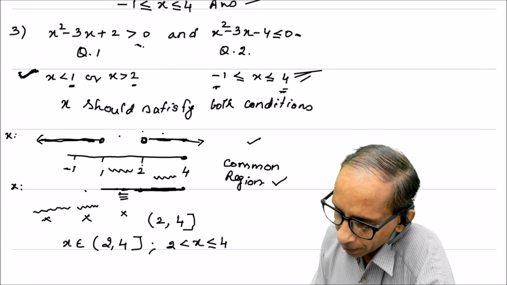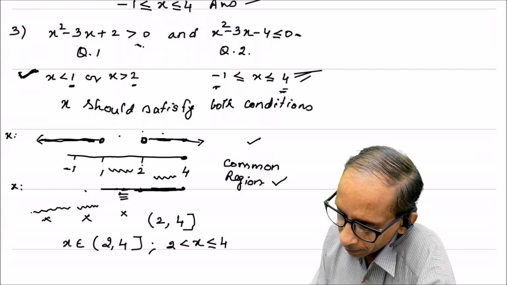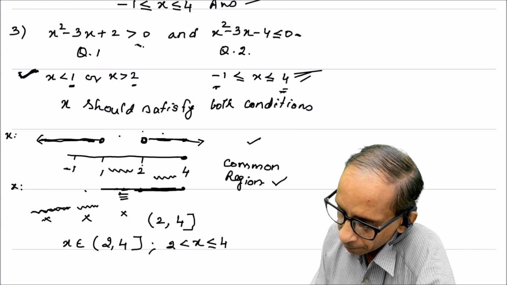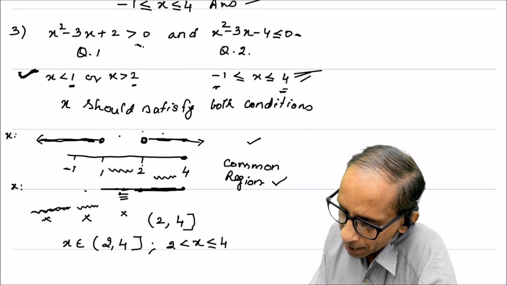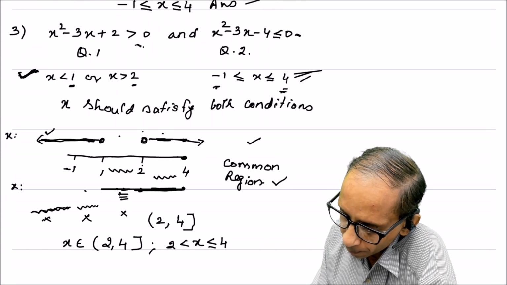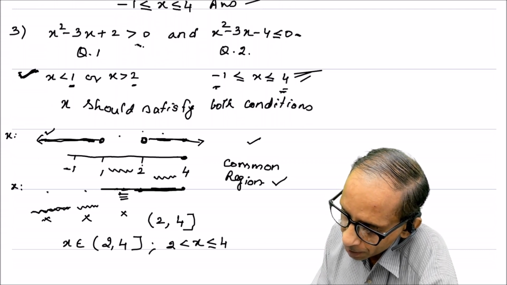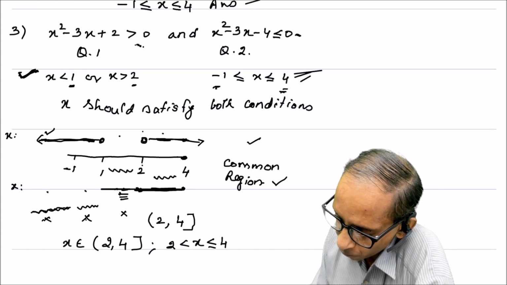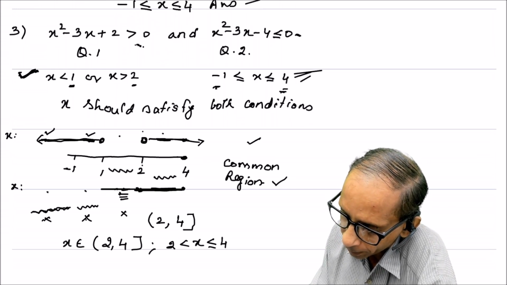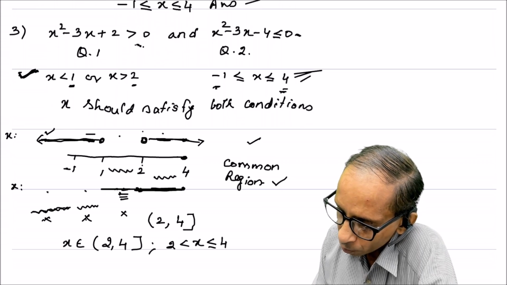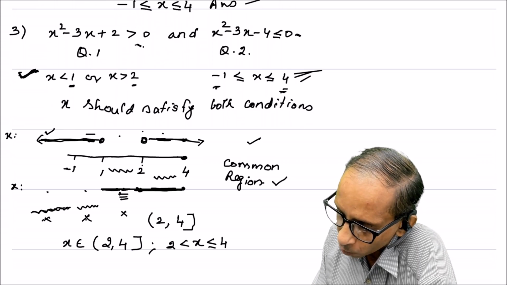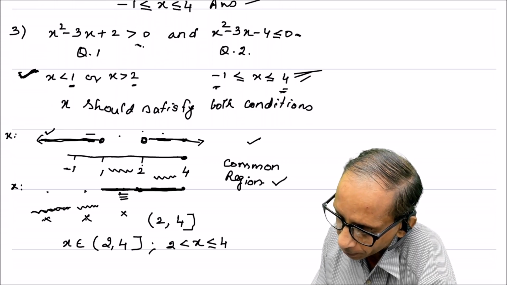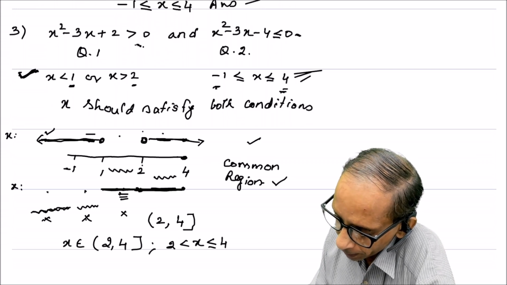We find that the region which is here was not acceptable because we had support from the top but no support from the bottom. This was not cooperating. In the same way we had to reject -1 to 1, because this cooperated by giving support, but this region was not available to support here. So rejected.